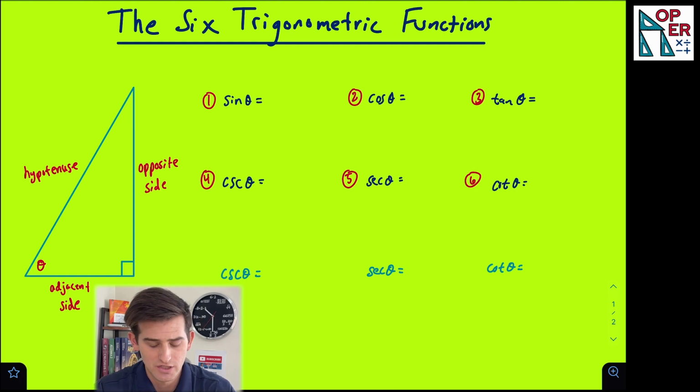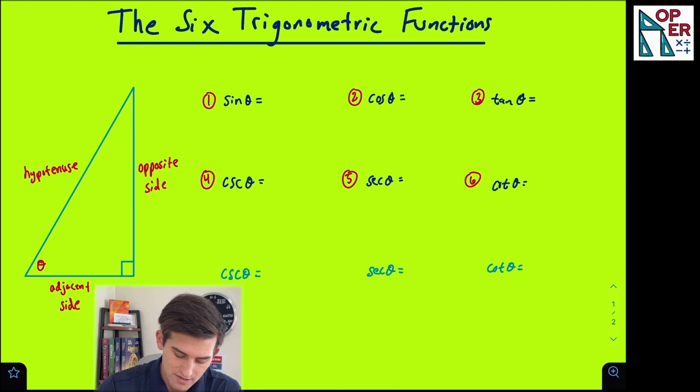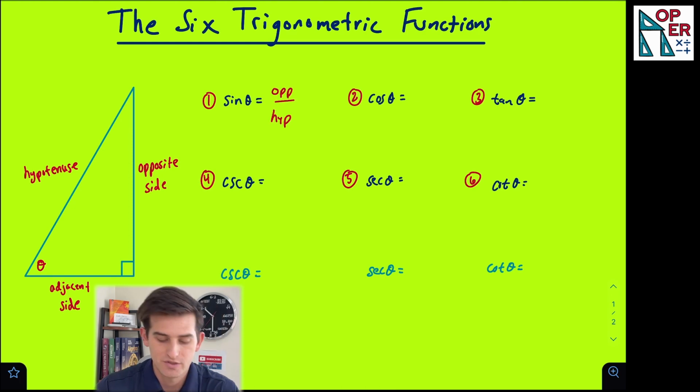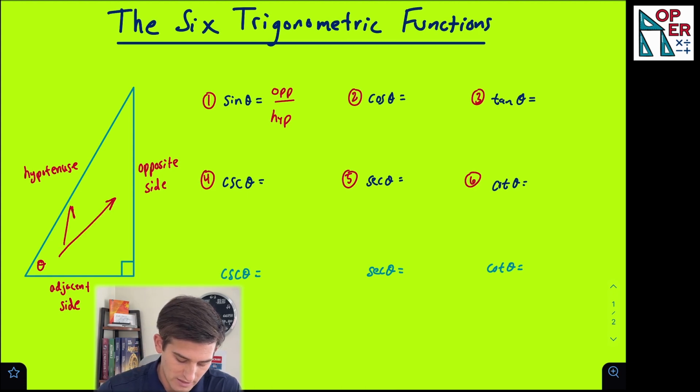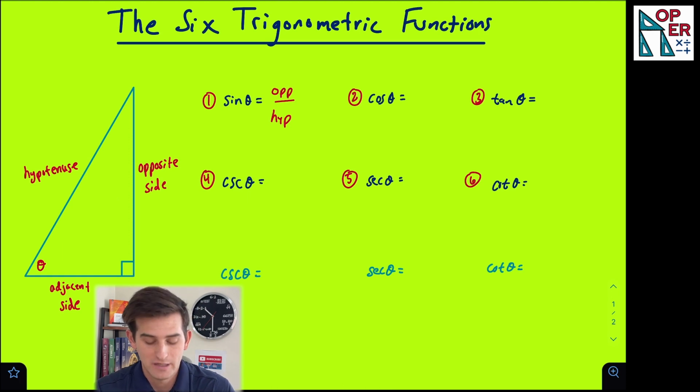Now, let's talk about the ratios. Well, it has to do with the sides of the triangle, right? So for sine, sine is going to be opposite side over hypotenuse. So notice the abbreviation OPP, that stands for opposite, and HYP stands for hypotenuse. So to find the sine of theta, I would take my opposite side over my hypotenuse. That would form my ratio.